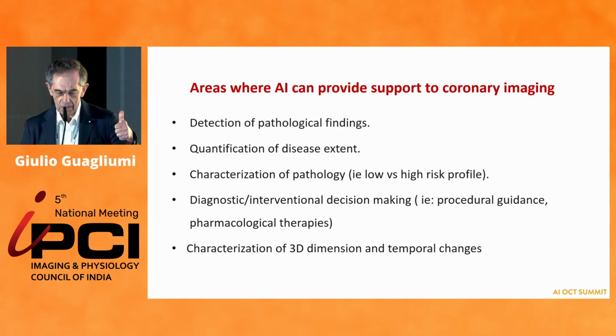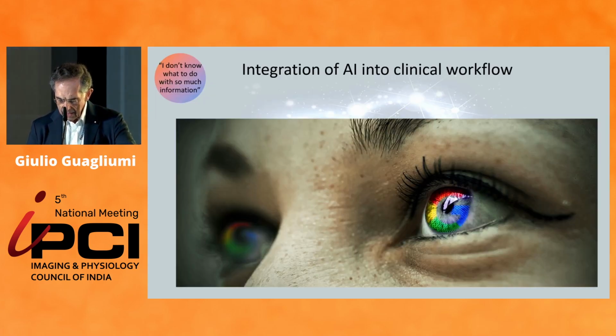Detection of the pathology, quantification of the disease, characterization of the disease, meaning low risk versus high risk, decision-making during the procedure, and a little bit forgotten but extremely important in the future, the 3D dimension that is going to play one major role.